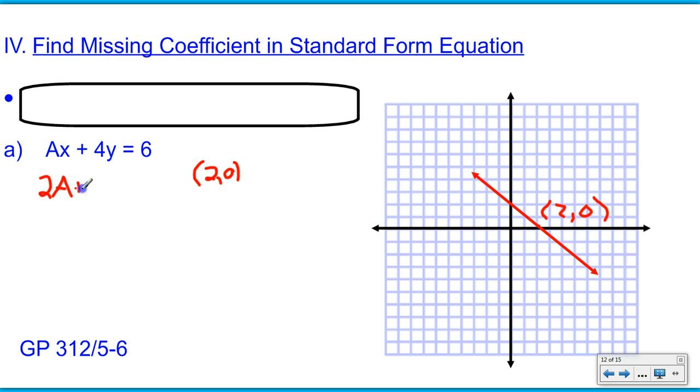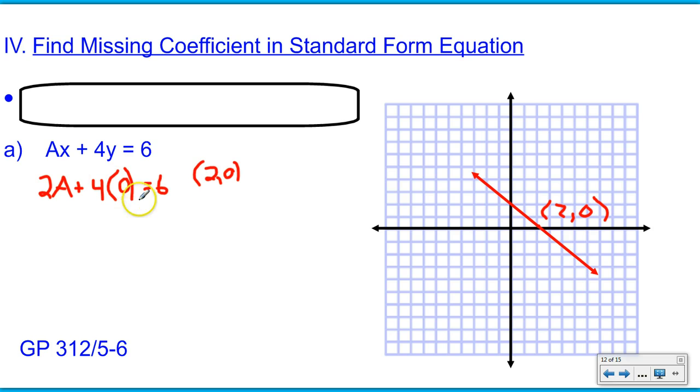And then for our y value, we have 0. So 4 times 0, okay, equals 6. When we plug in this known point, how many unknowns remain in the equation? Just one, yay! When we have one unknown, we can solve for that unknown, right?